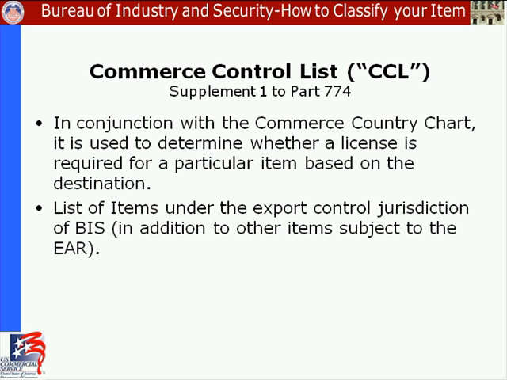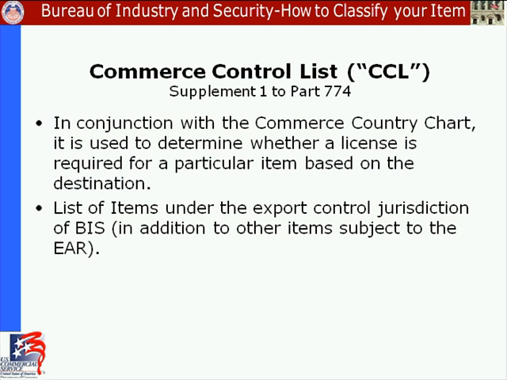Again, we have about 500 ECCNs, and about 350 of those ECCNs came from international export control regimes. So many like-minded countries have the same control on those about 350 ECCNs. The other about 150 ECCNs are what we call the unilateral controls. That controls based on U.S. government needs.